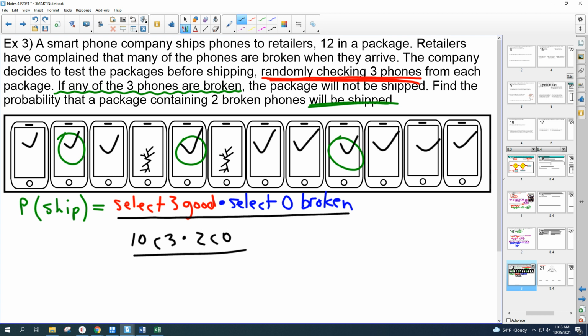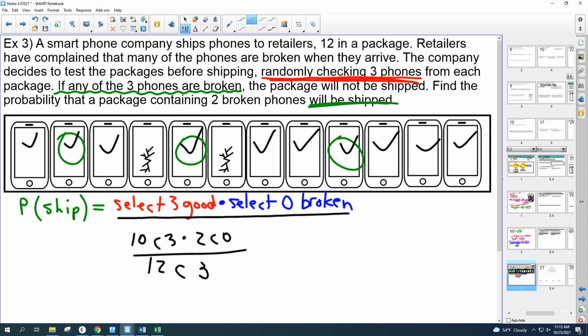I like writing it that way because it does a good job of highlighting how many total there are. Well, we want to select 3 total phones out of the 12 total phones. We're picking 3 phones. All 3 of them have to be good ones.